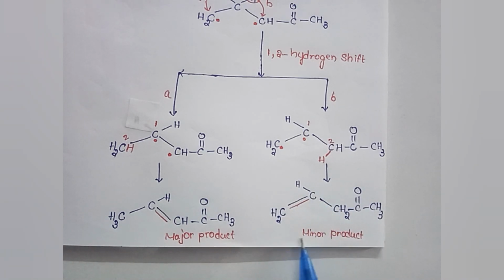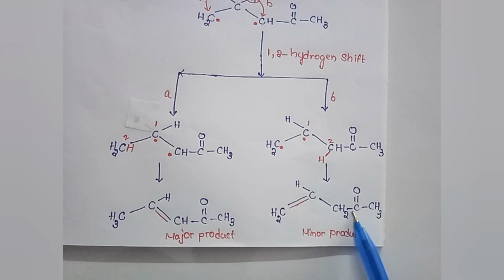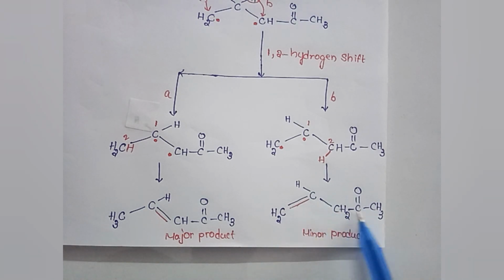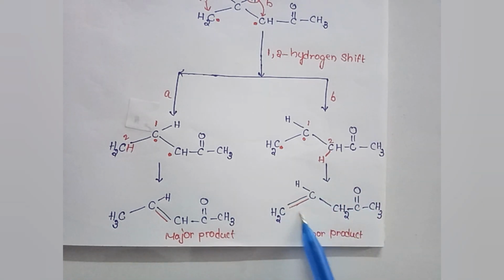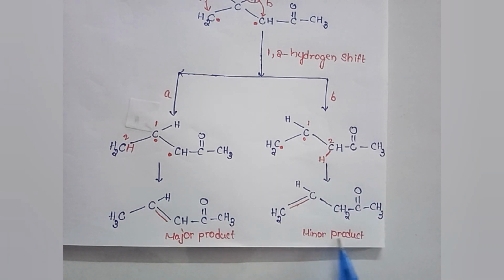As a result of which we get the minor product. This carbonyl compound is the minor product because this double bond is followed by a single bond and another single bond. So there is no chance of resonance. So this product is less stable. So this is the minor product.